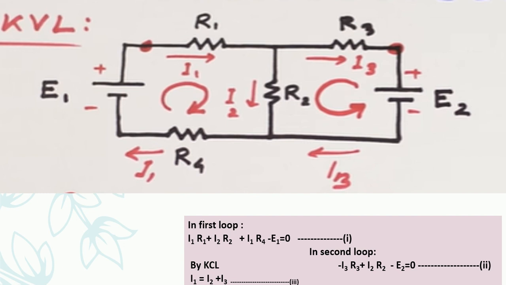You have to remember that in a closed loop the summation of the voltages equals 0. You can take the current as clockwise or anti-clockwise, both. In this way, by using KVL you can solve any circuit and find the current through each and every resistor.